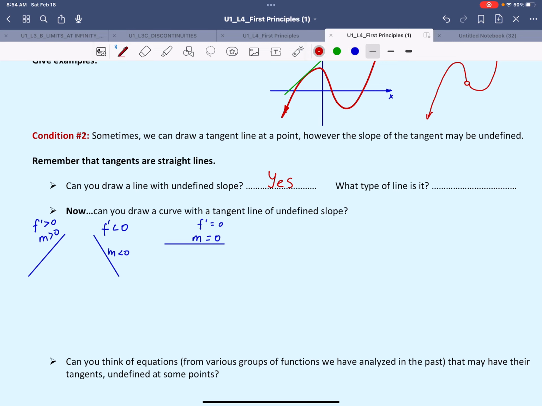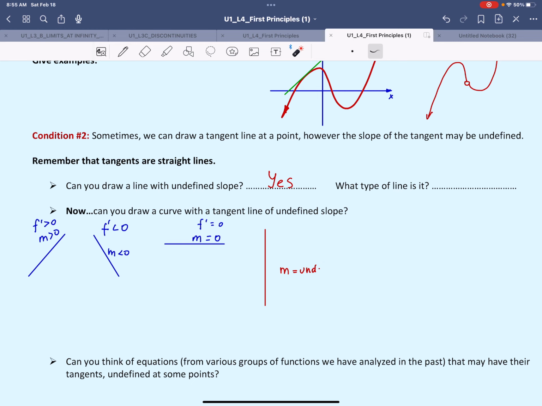However, if the tangent drawn is vertical, then we'll say that the slope of the vertical line is undefined, and we know the reason why. Remember that slope is rise over run. You can rise as much as you want here, but we don't run. We run nowhere on a vertical line, which means that we have to divide the rise by 0, which is undefined.